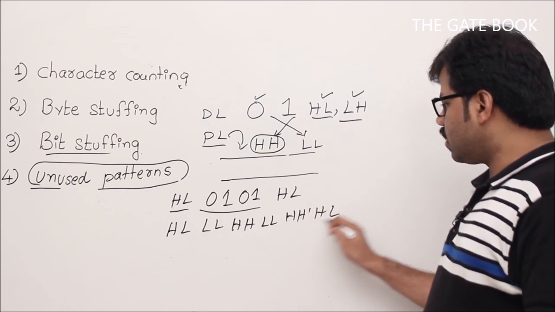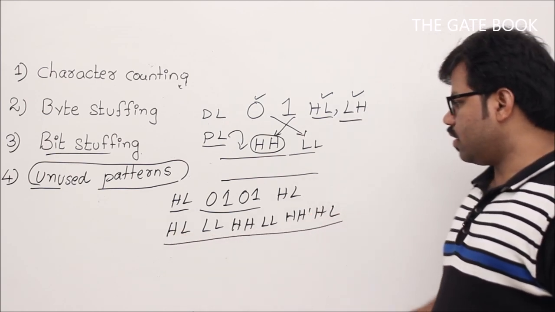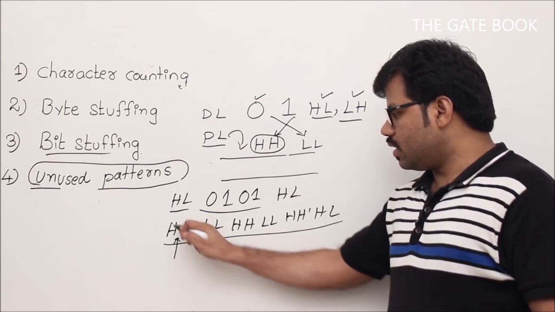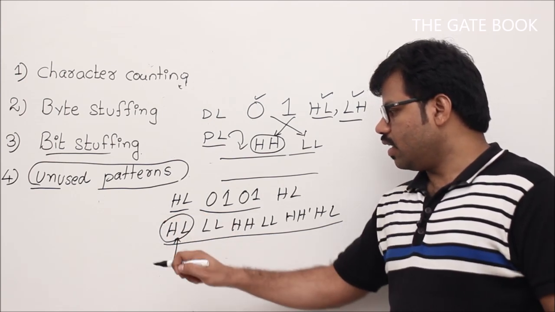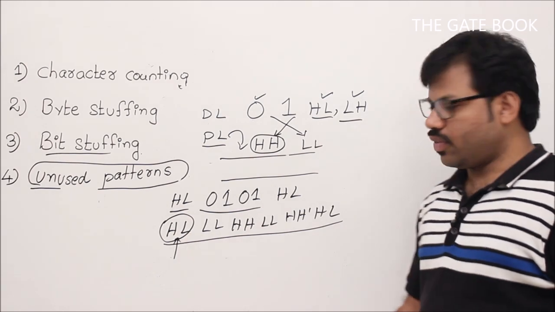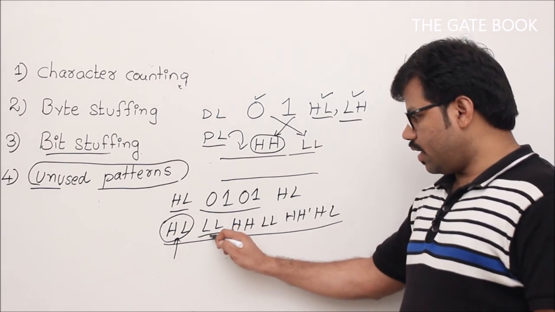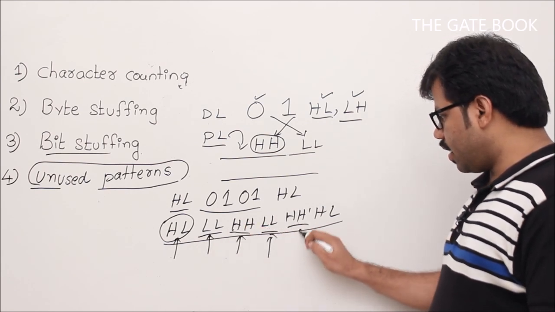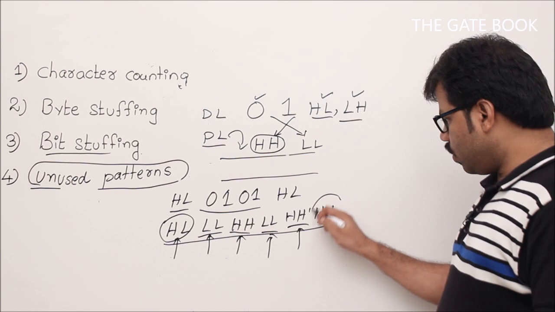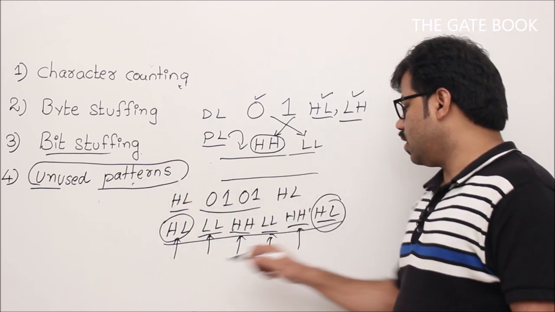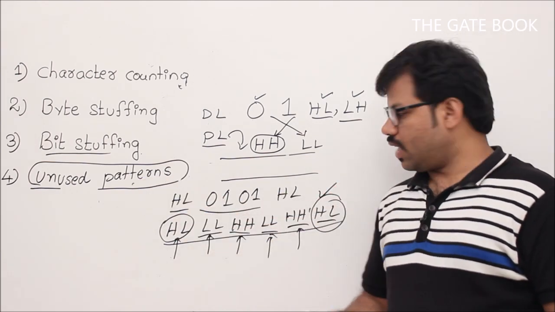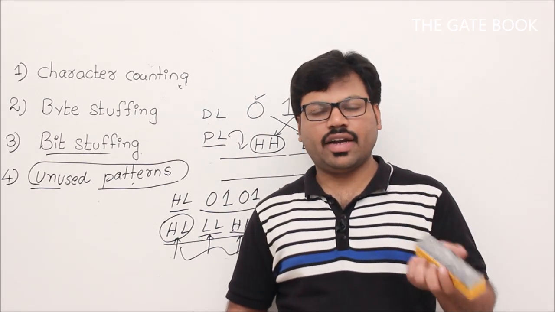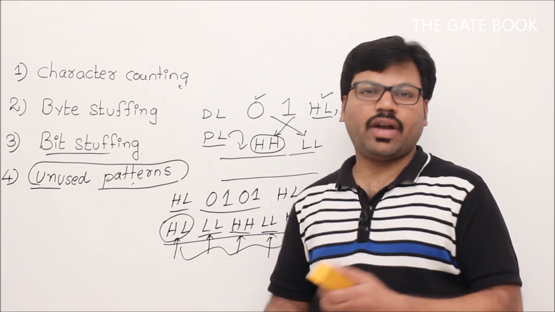When these signals go through the cable, slowly they will be received at the receiver. The receiver will receive first HL, then he will understand that it is the start of the frame. After that LL, definitely data element, data element, data element. Suddenly whenever he sees an unused pattern like this, that will be the end of the frame. In that way, frames can be recognized with the start of the frame and end of the frame as unused patterns.